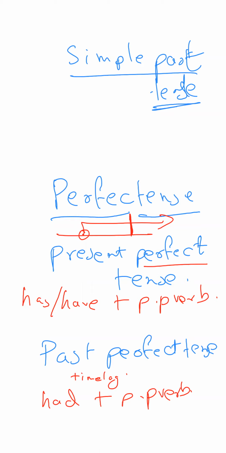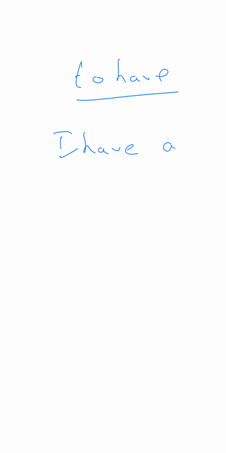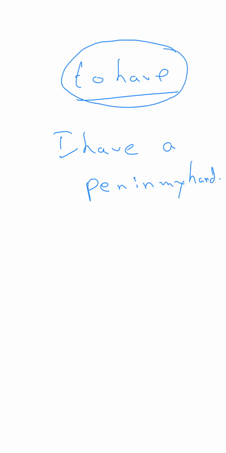Okay, now guys, I'm going to complicate matters further slightly, not too much, by introducing the verb to have. Now I have a pen in my hand. Keep in mind, this is not perfect tense. But the verb to have can appear in perfect tense.